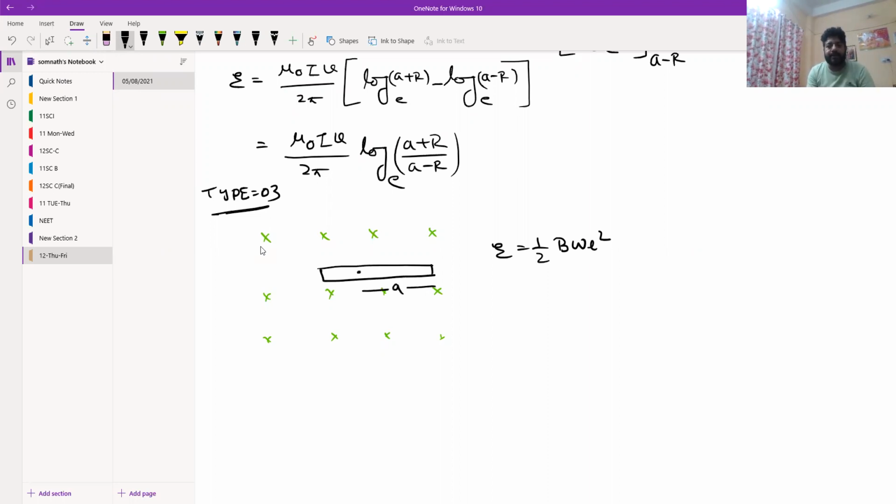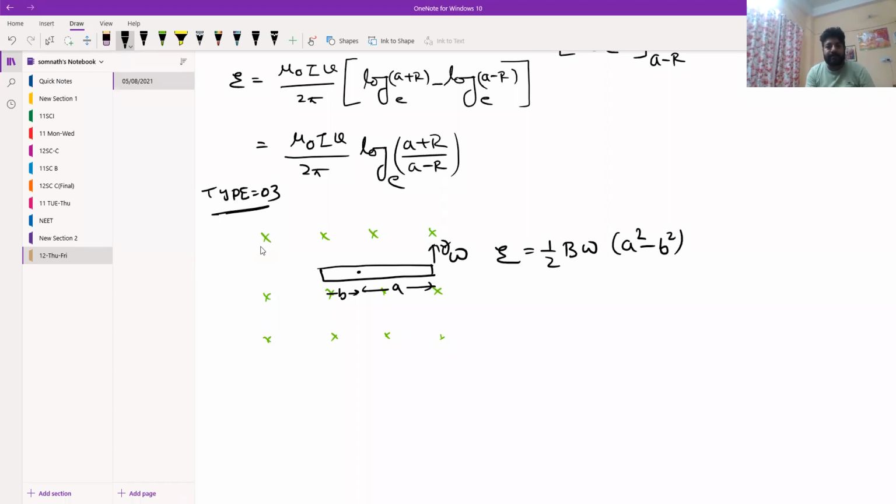This is your A and this is your B. Both are moving at the same time. In that situation, if this end is moving up, the other is moving down at the same time. So my induced EMF is half B omega (A square minus B square).